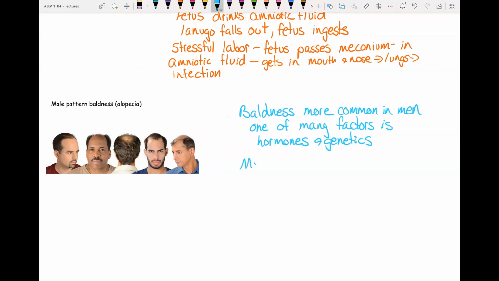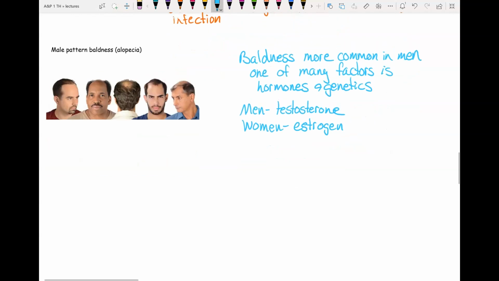So men have testosterone. Women have estrogen. Okay, then genetics comes into play. So hopefully you've had previous biology classes, high school science classes, you've learned about dominant and recessive alleles.